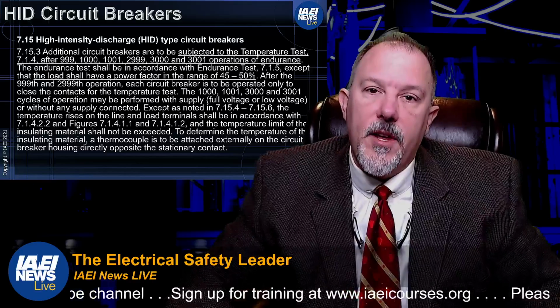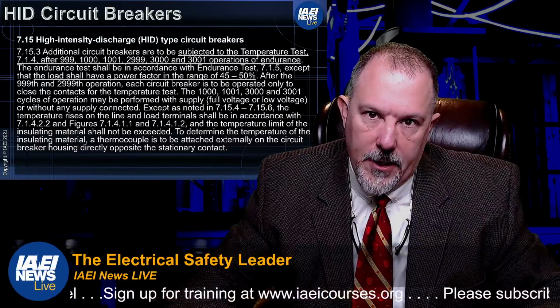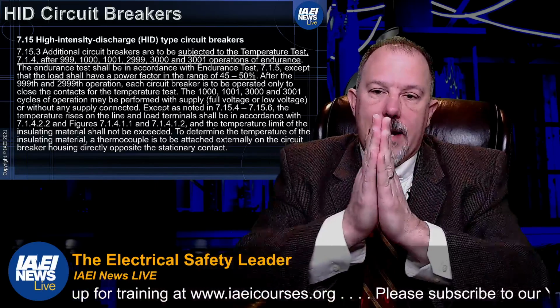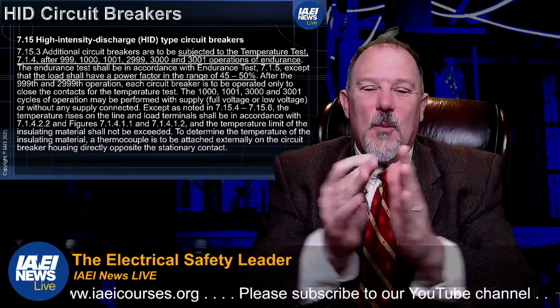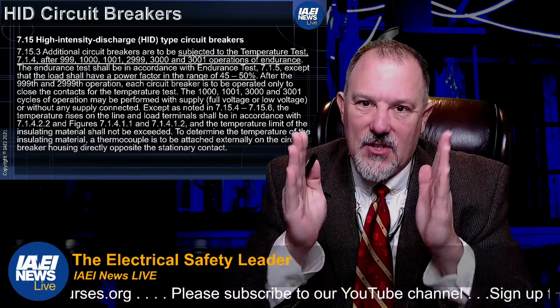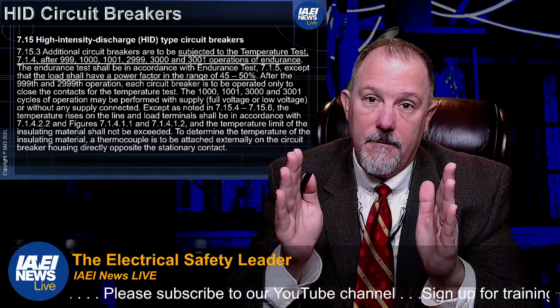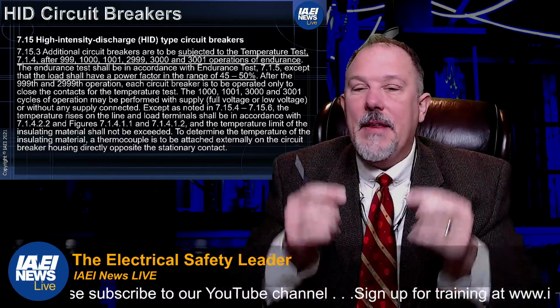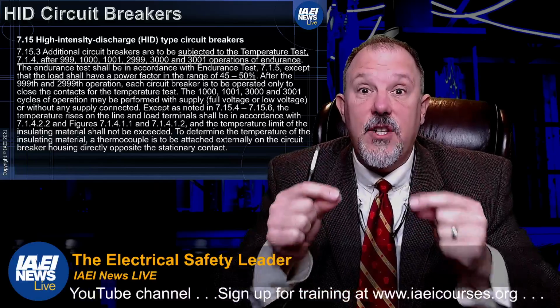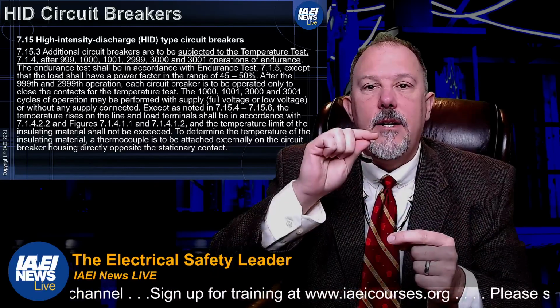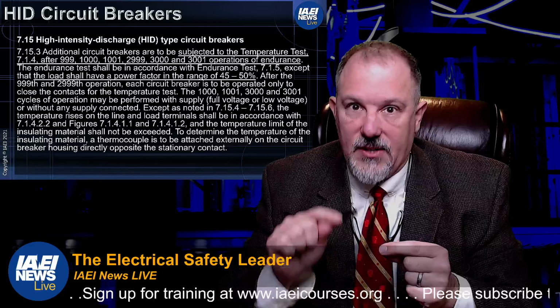When current is flowing through the contacts of a circuit breaker, when a circuit breaker separates its contacts to stop the flow of current, the easiest point on the sine wave to get that done is when you're at a zero crossing.